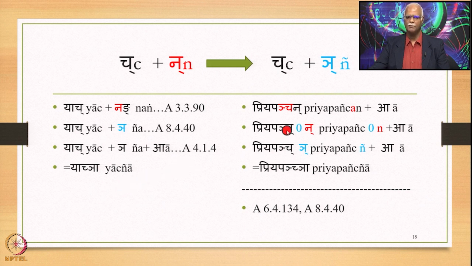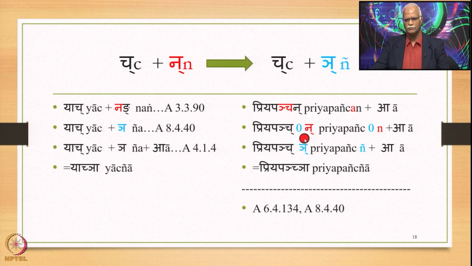Similarly, we have priya panchan plus a, deriving the instrumental singular of priya panchan. Now 6, 4, 134 comes into play and replaces this a over here by 0. So we get the output in the form of priya panch, na and a. Now in the absence of this a, ch comes into close contact with na.